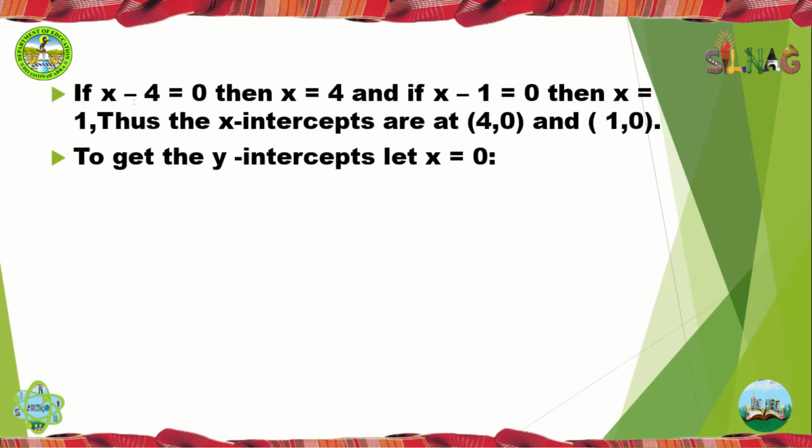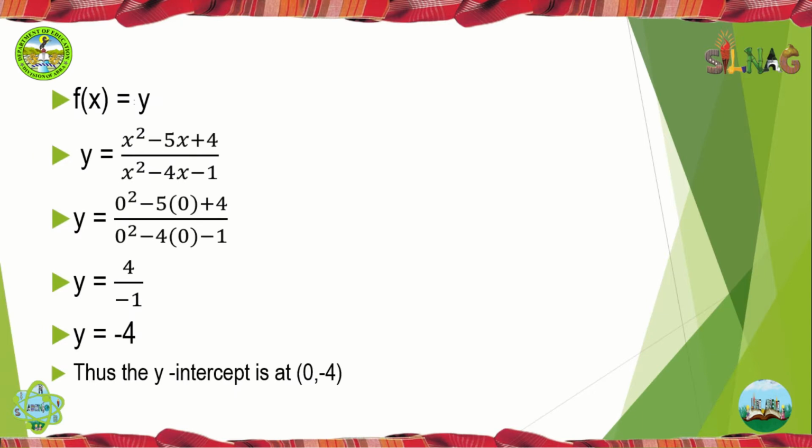To get the y-intercept, we let x equal to 0. So we have f of x equals y, then y is equal to x squared minus 5x plus 4 over x squared minus 4x minus 1 as the given. Then we substitute 0 for x. So we have y equals 0 squared minus 5 times 0 plus 4 over 0 squared minus 4 times 0 minus 1.